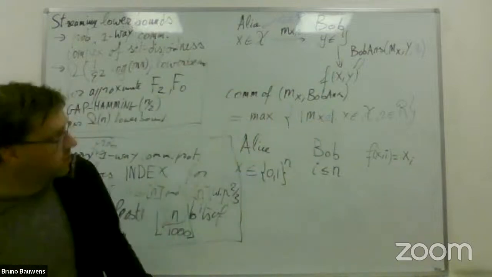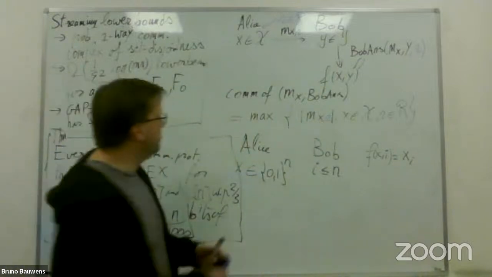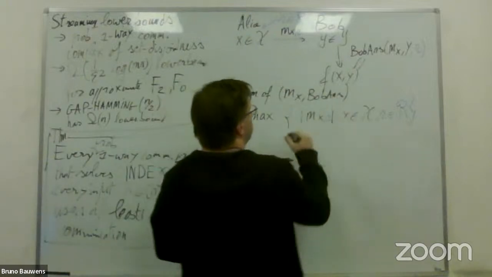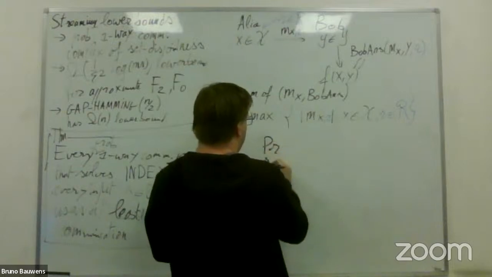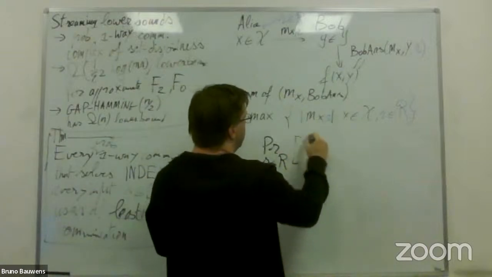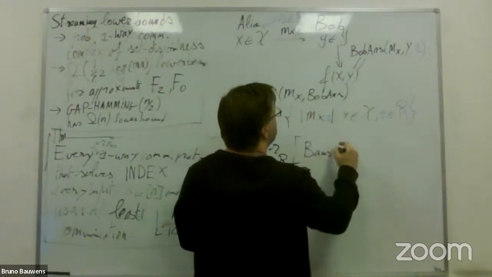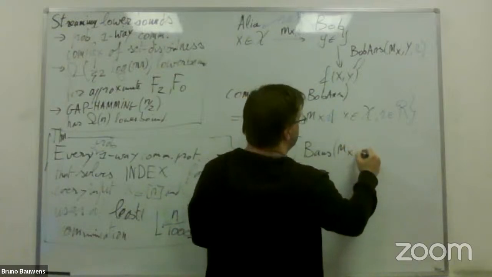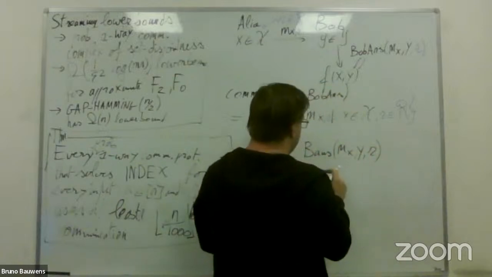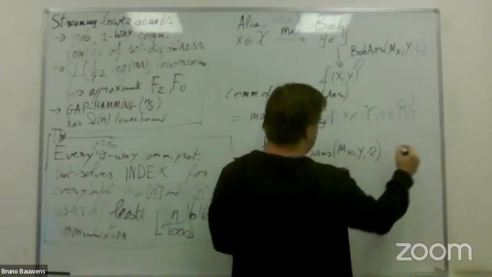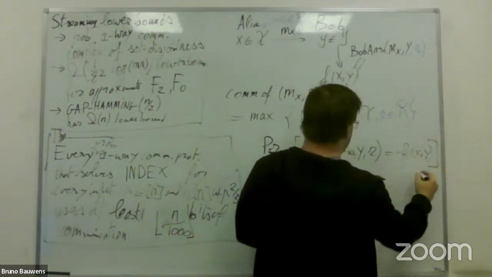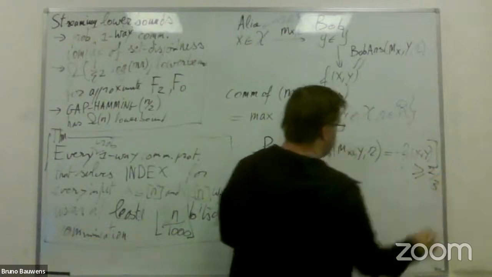I didn't say what the criterion to be right is for a communication protocol. So we want to be right with probability 2/3. So we take a uniform element R, and the probability over X, Y, and R that the output of M equals f of X, Y needs to be at least 2/3.